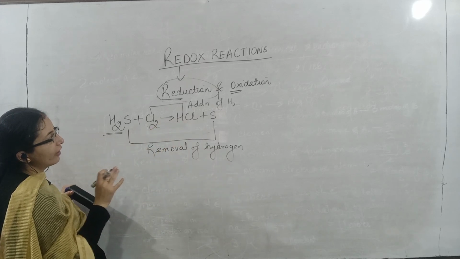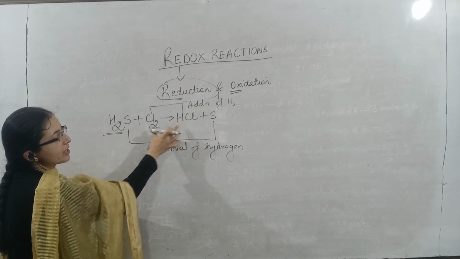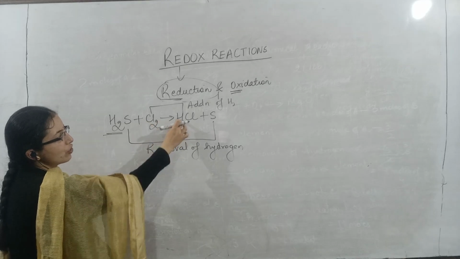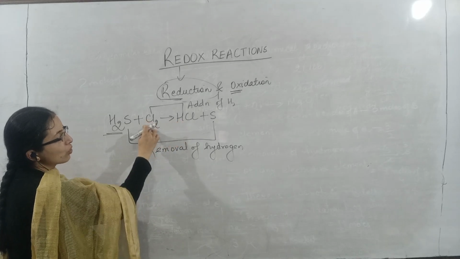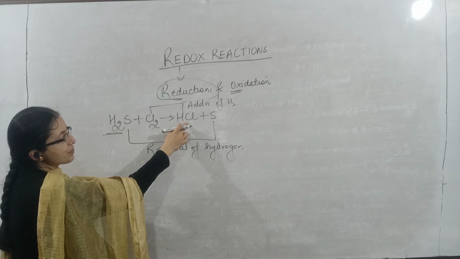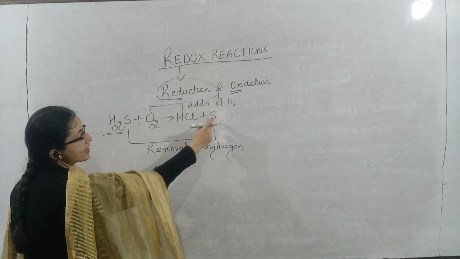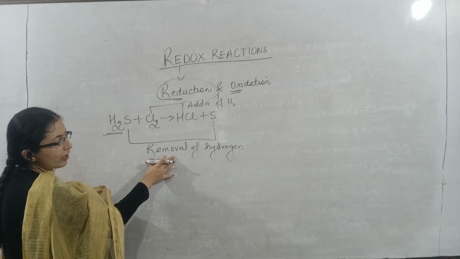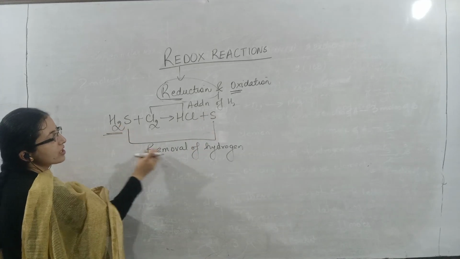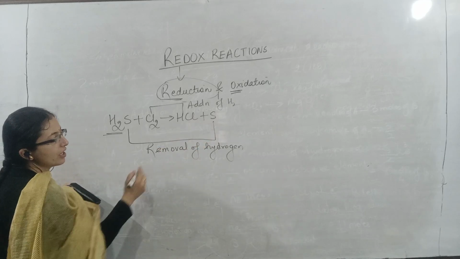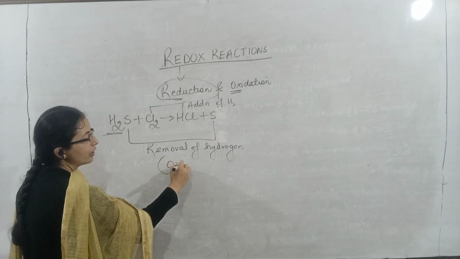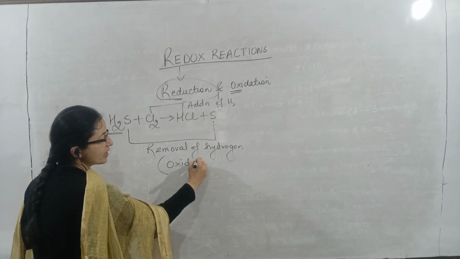ठीक है? Are you getting it? Chlorine में hydrogen add हो रहा है, it is converting to HCl. So addition of hydrogen is taking place. So chlorine क्या हो रहा है? Reduced. Hydrogen sulfide is converting to sulfur. So there is removal of hydrogen. So we will say hydrogen sulfide is getting oxidized. If there is removal of hydrogen, the process will be termed as oxidation.